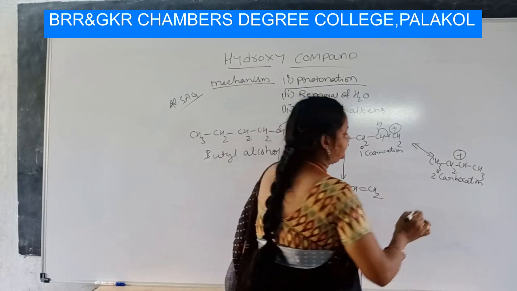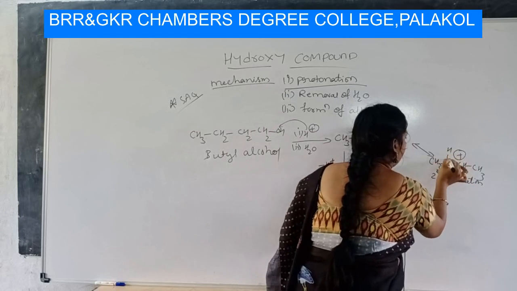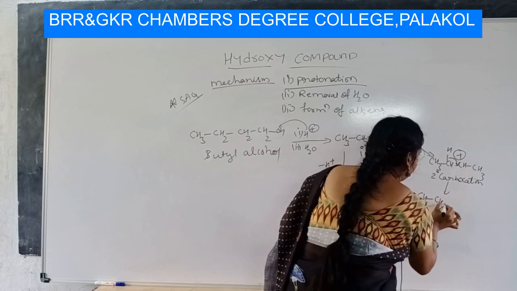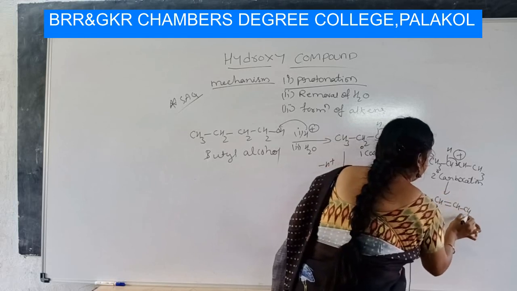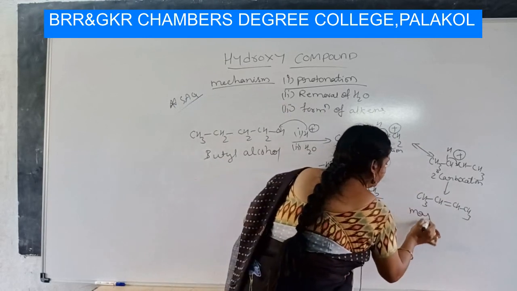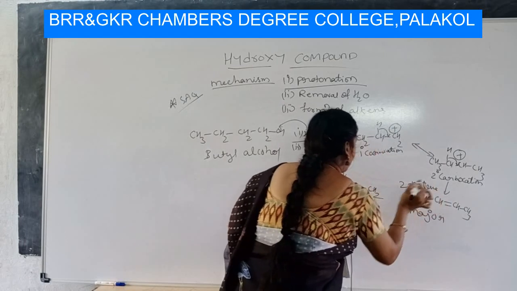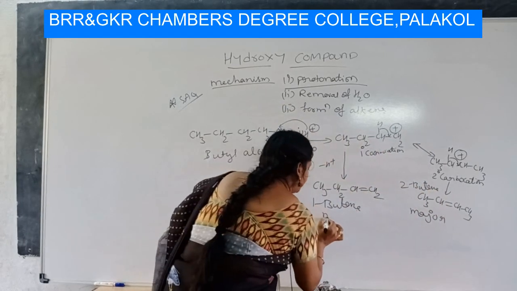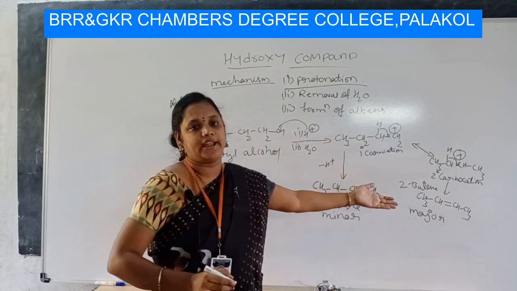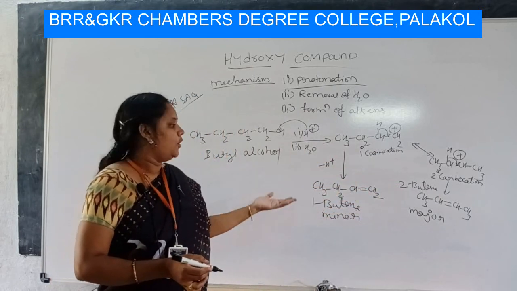Whereas here, the proton will be removed from this side, so you will get CH3CH double bond CHCH3. This will be the major product, 2-butene, and this will be the minor product, 1-butene.